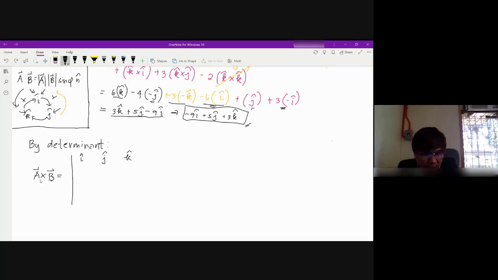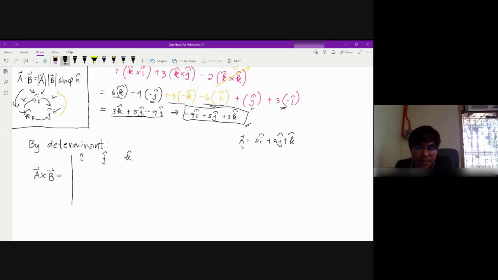Your second row will be the components of your first vector. Your first vector earlier, if you remember, vector A, is 2i hat plus 3j hat plus k hat.